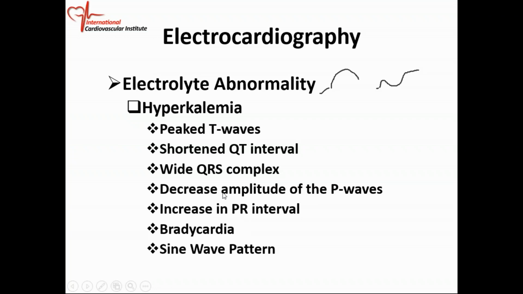The amplitude of the P waves is going to be reduced. Sometimes you don't see a P wave because the amplitude is reduced to such an extent that there are no P waves. You get an increase in the PR interval, significant bradycardia, and we call it the sine wave pattern because the QRS is wide and there are no P waves.